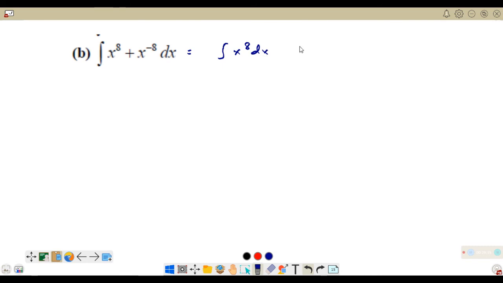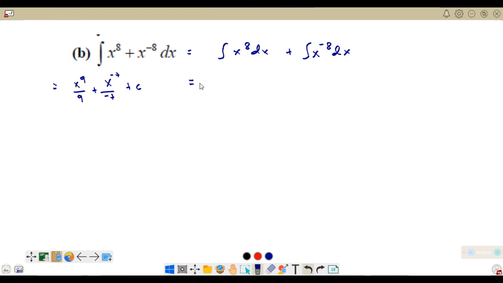So, x raised to the 8th power dx plus x raised to the negative 8 dx. Ayan. Pwede nyo siya isulat na ganyan. Pero kung ako magsasagot nito, pa-clean ko lang siya. Ang susundin ko lang ay ito. So, meron kang x raised to the 9th power over 9 plus x raised to the negative 7 over negative 7 plus c. Yan. Kung ako ha.